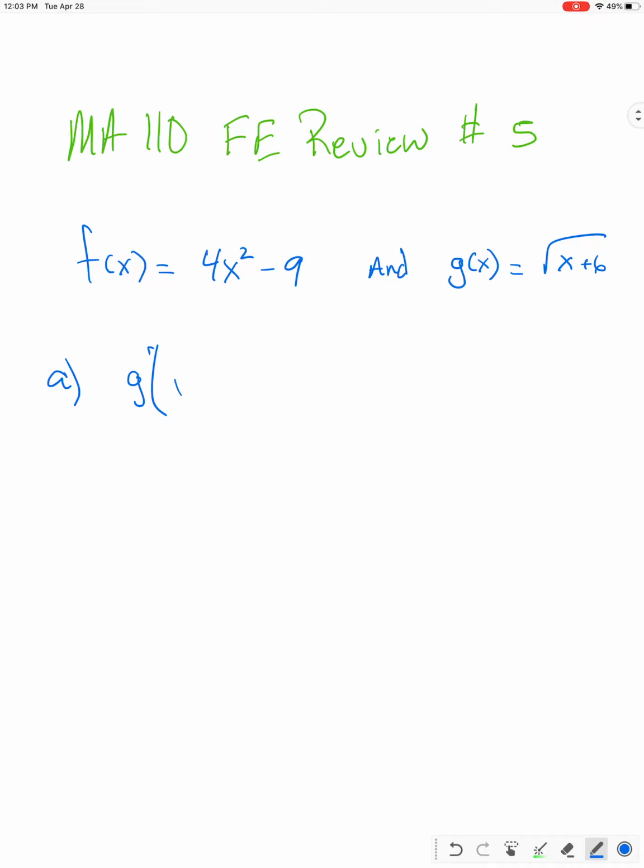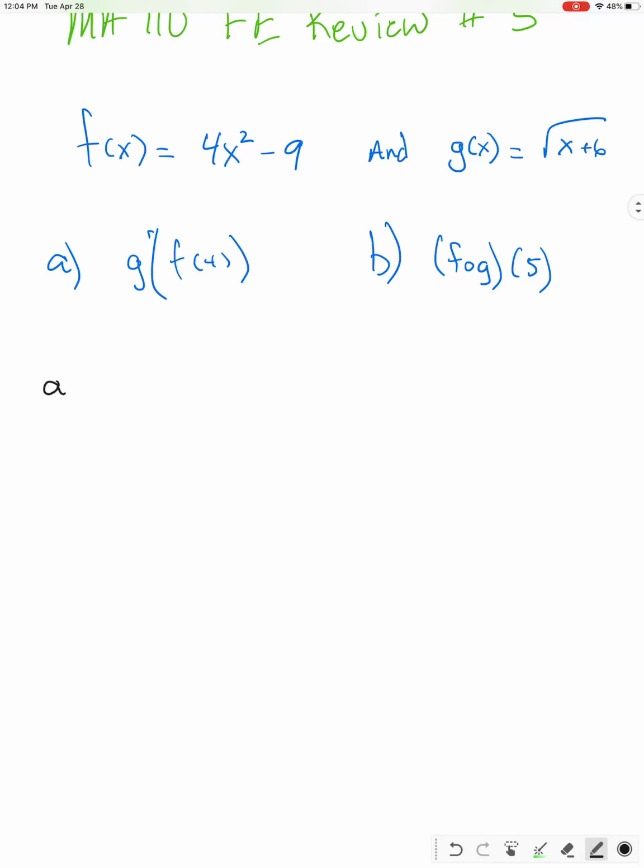And for part B, we are asked to find f of g of 5. Okay, so let's do part A first.